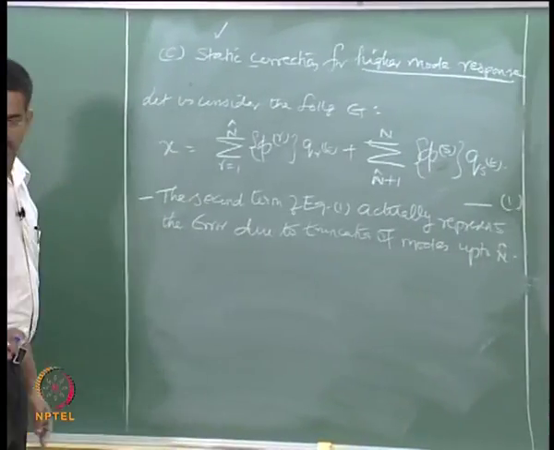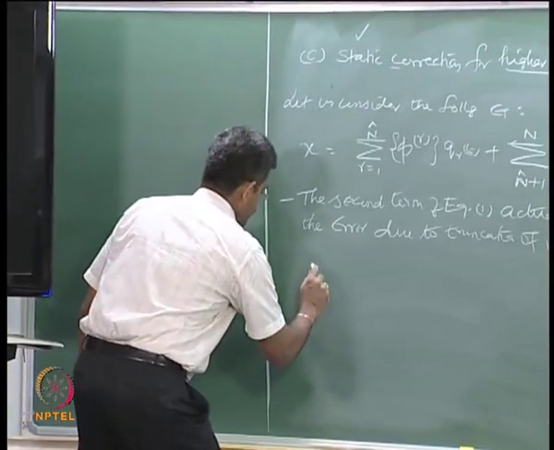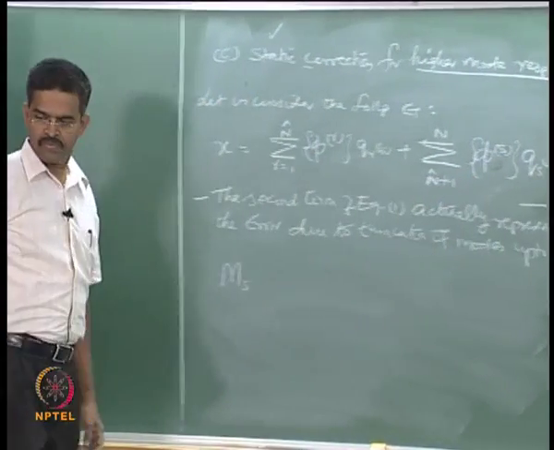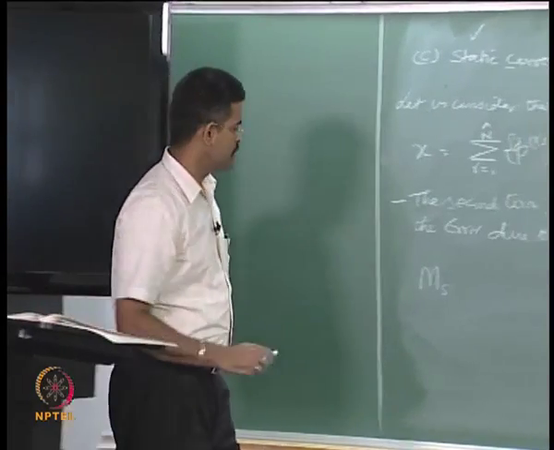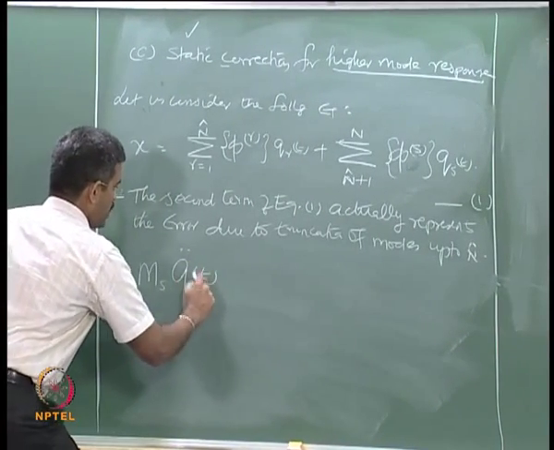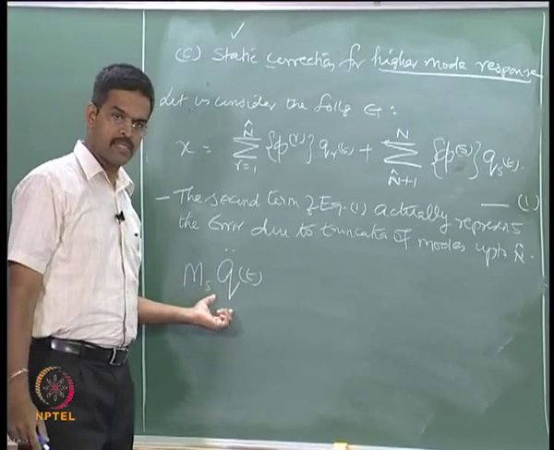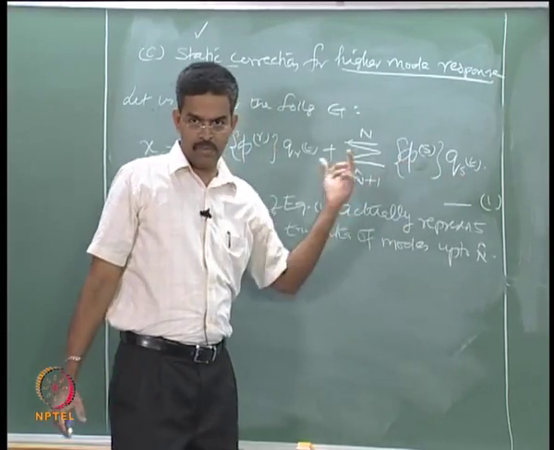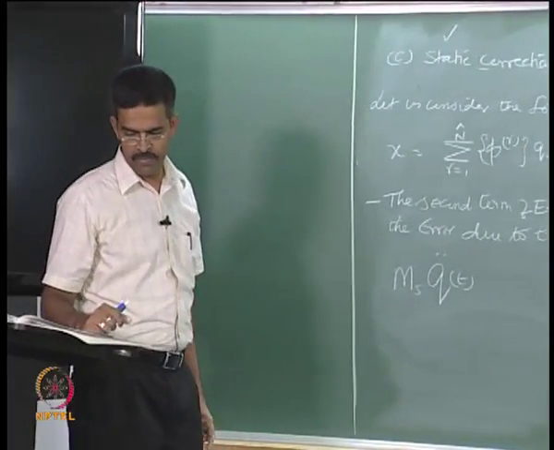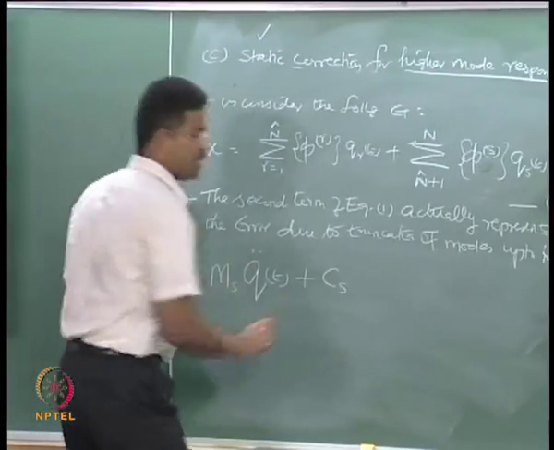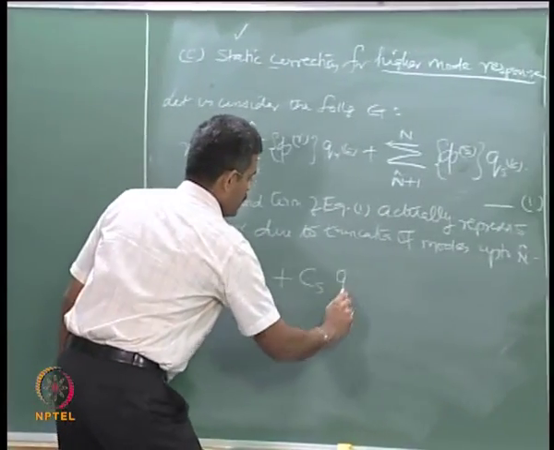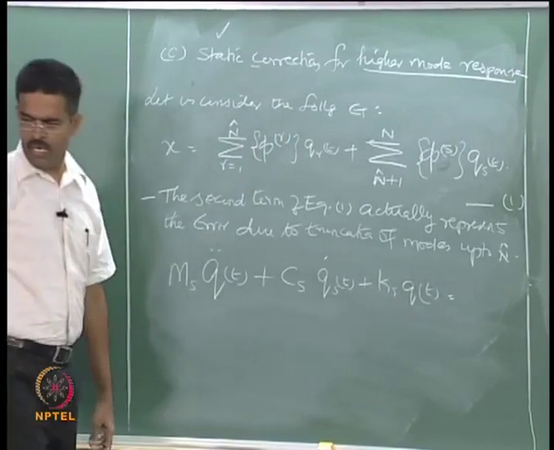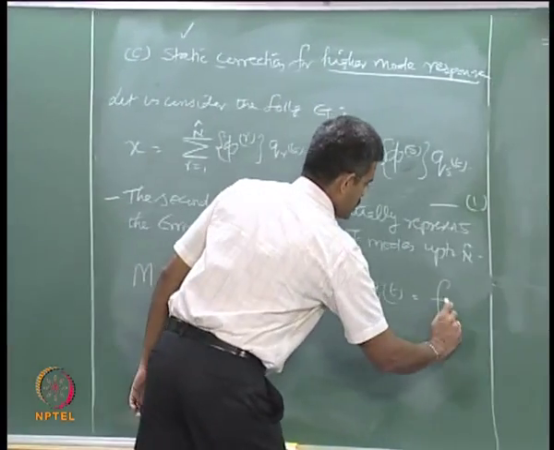Having said this, let us come back to my equation of motion. I am talking about this part, so I am using s suffix here. m s q double dot of t, because my response is no more in x, I am converting into q, because that is a multiplier value of phi, the general expression, plus c s q dot of t plus k s q of t, which I of course call as f s.